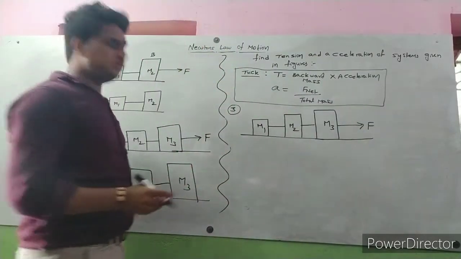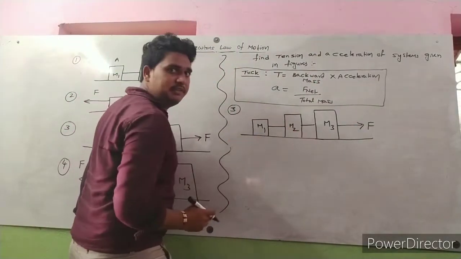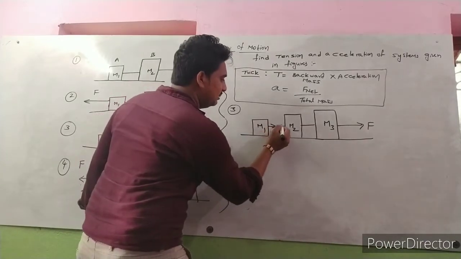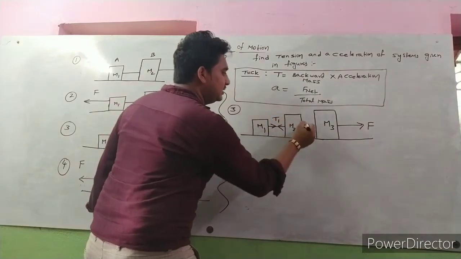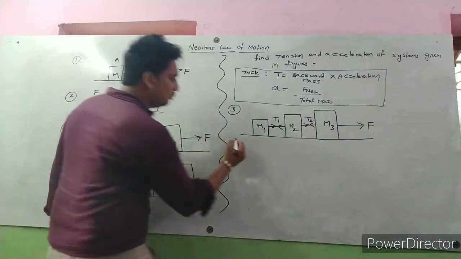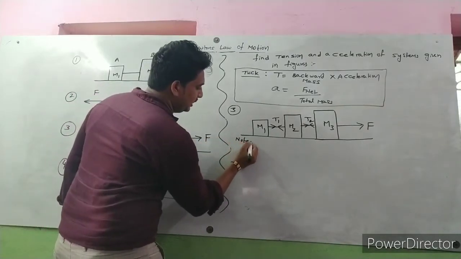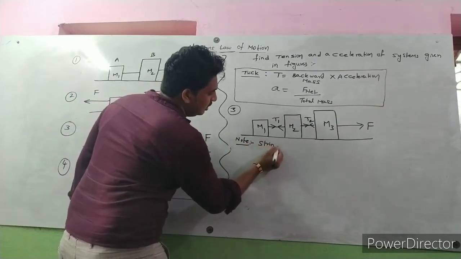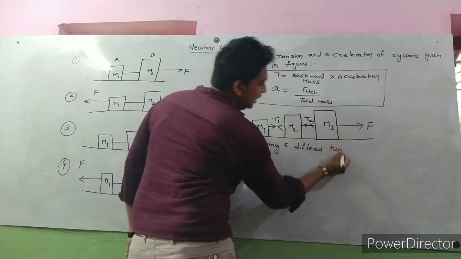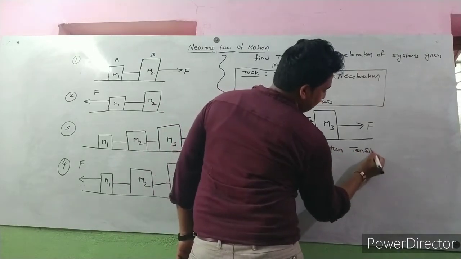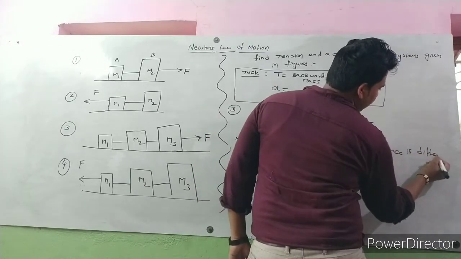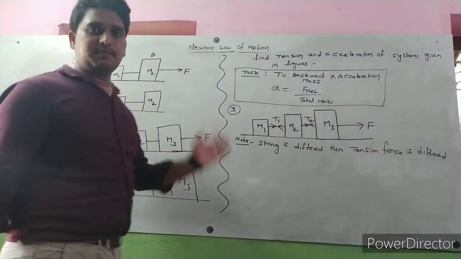Observe carefully. Between m2 and m3, one string is there. Between m1 and m2, another string is there. Let us consider the tension between m1 and m2 as T1, and the tension between m2 and m3 as T2. The note point here is that the strings are different, so the tensions are different.